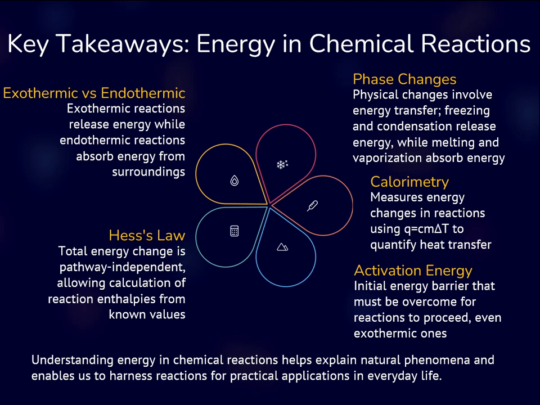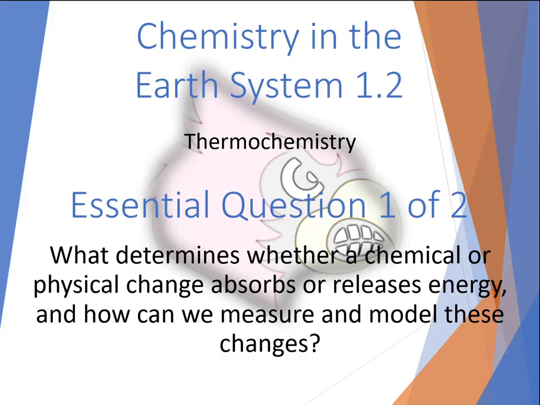Understanding thermochemistry not only helps us in labs, it also helps explain real-world events like why fireworks explode, why cheese stays hot, how crops survive frost, and how ice cream freezes. At this point, you should be able to generate a full and appropriate response to today's essential question. What determines whether a chemical or a physical change absorbs or releases energy? And how can we measure and model these changes?